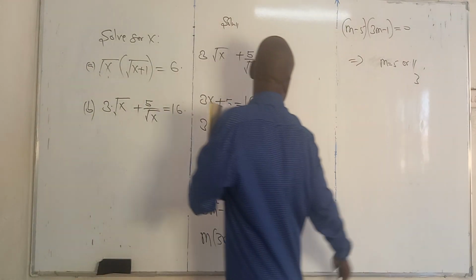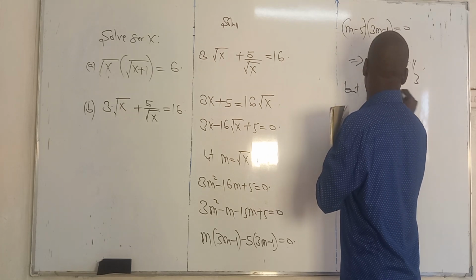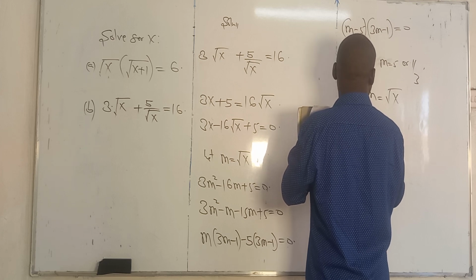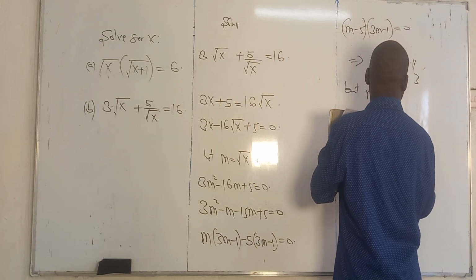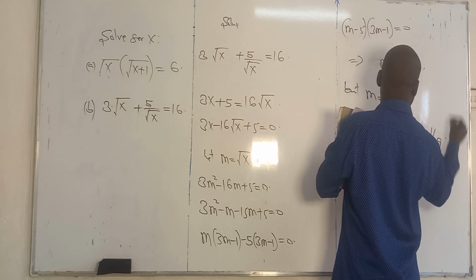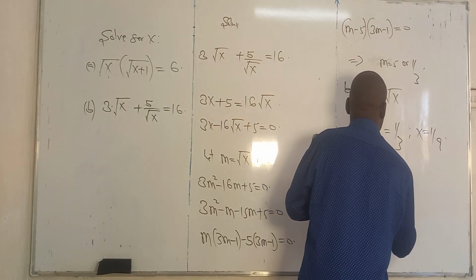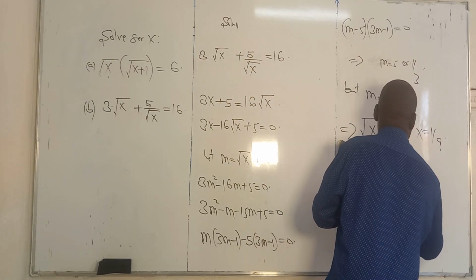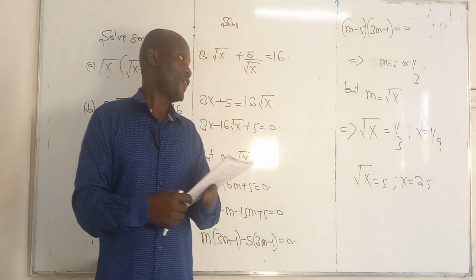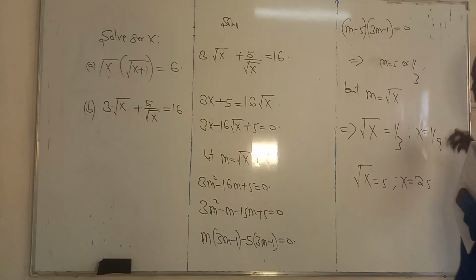But m was root of x. So if root of x is equal to a third, that means x is 1 over 9. And if root of x is 5, that means x is 25. So those are the two answers that we have. X is either 25 or 1 over 9.